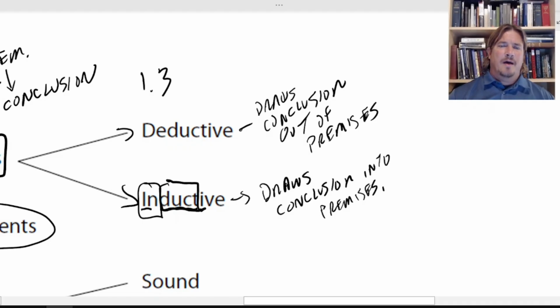In other words, a deduction will take premises and then draw information out of it, whereas an induction will take premises and put information into a conclusion.